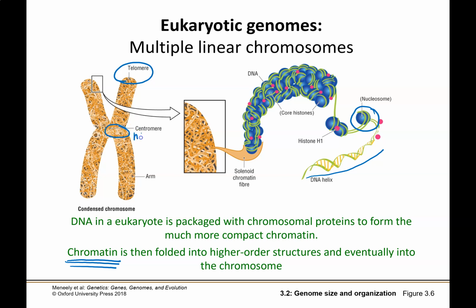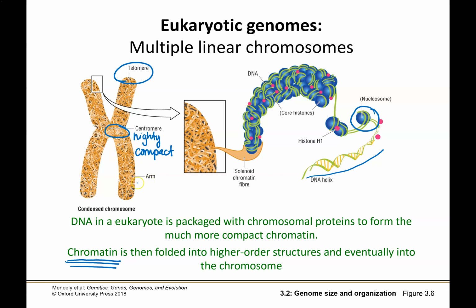So this is a highly compact region of DNA, and it's really important. We will talk about the centromere much more extensively when we get to cell division, because it's important in actually helping to line up the chromosomes and separate them correctly.